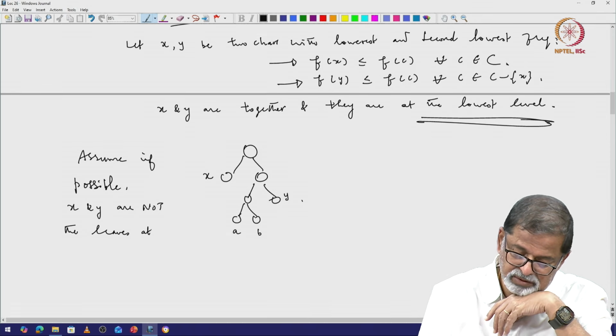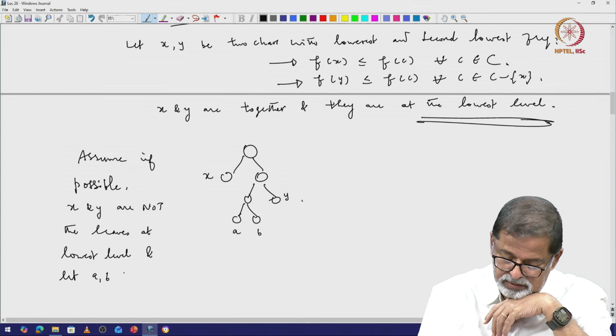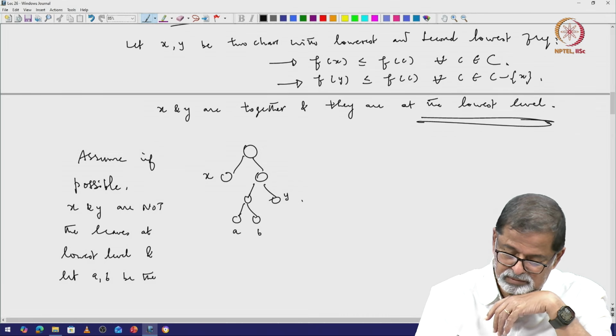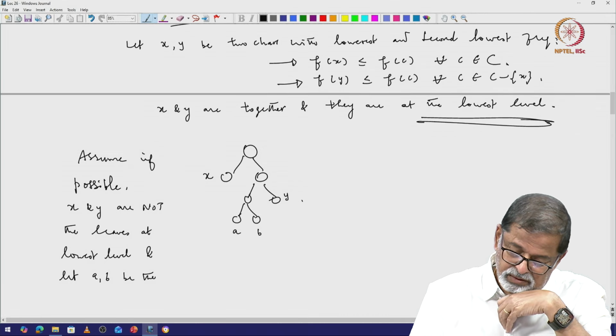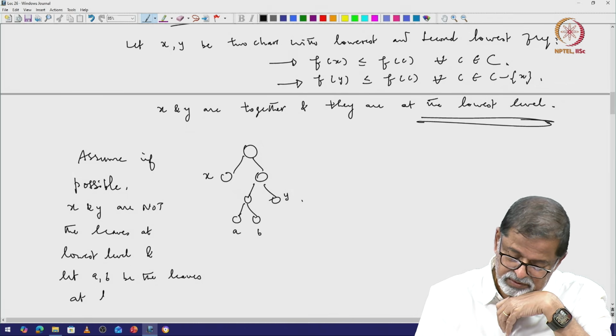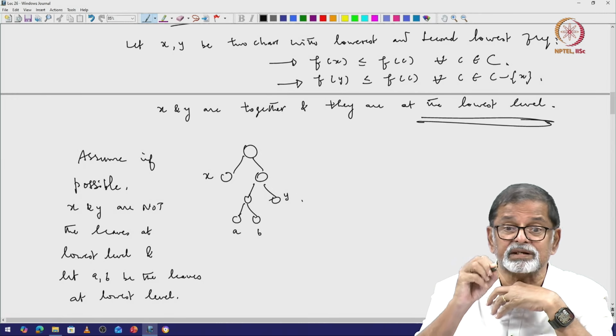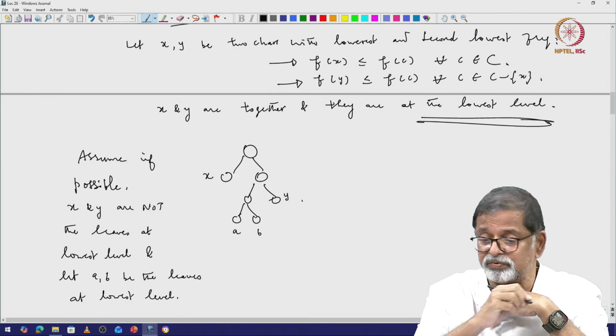at lowest level, and let A and B be the leaves at lowest level. X and y have got the lowest frequency.